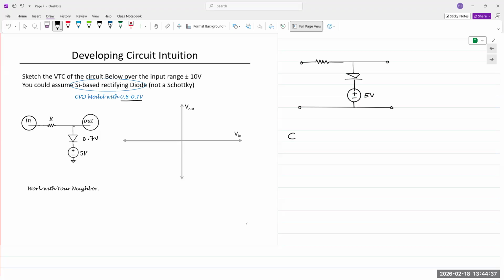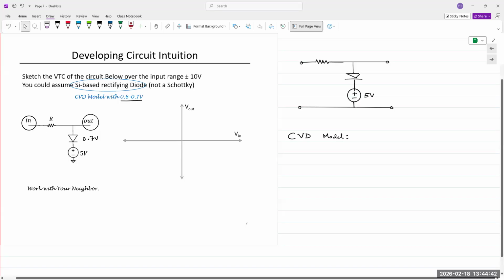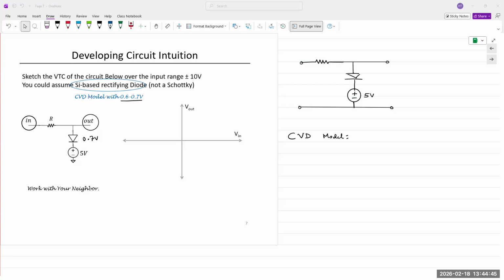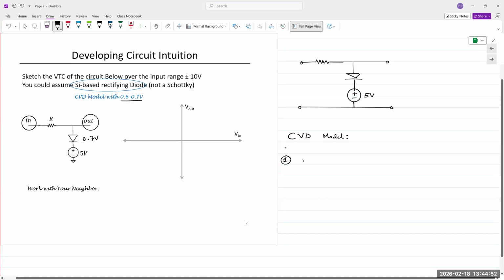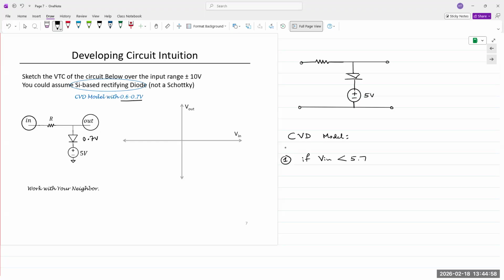So with the CVD model, if V in is less than 5.7 volts and the diode D is off, what is V out if the diode is off?